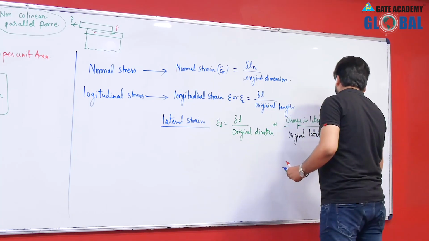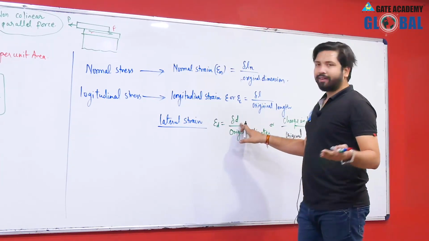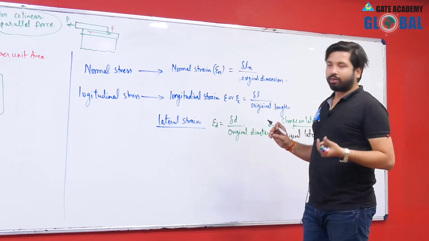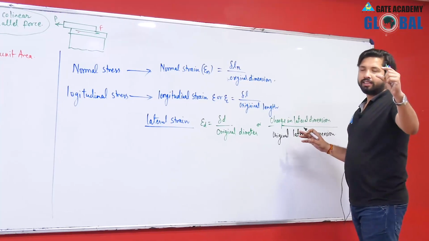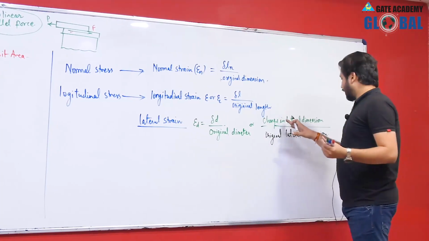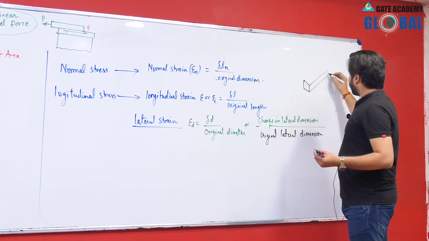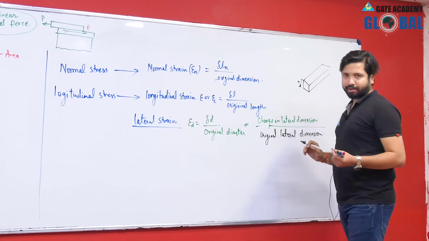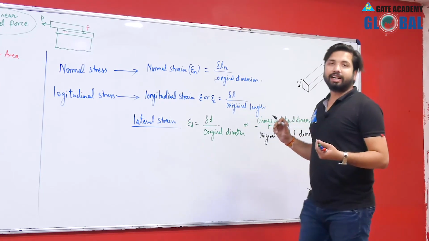In case of a cylindrical rod, you will have the diameter. In case of a square bar, you will have the side of the square A as your lateral dimension. If there is a rectangular bar, then the width and the height will be the lateral dimensions.